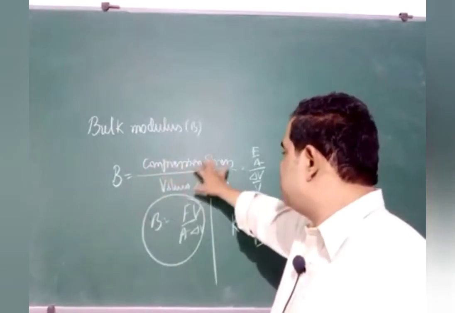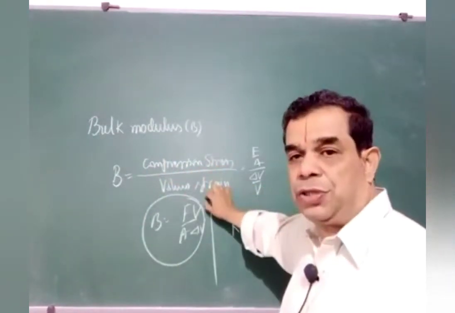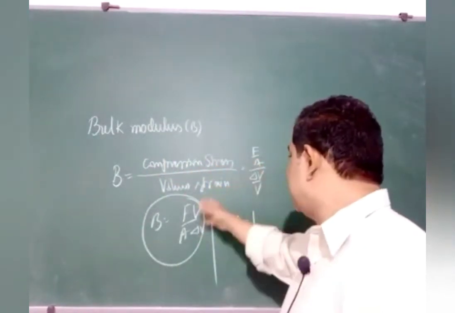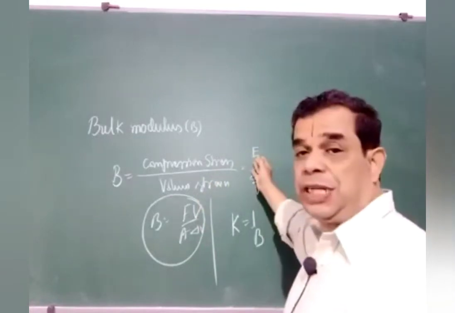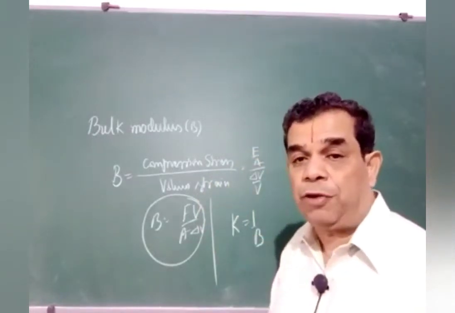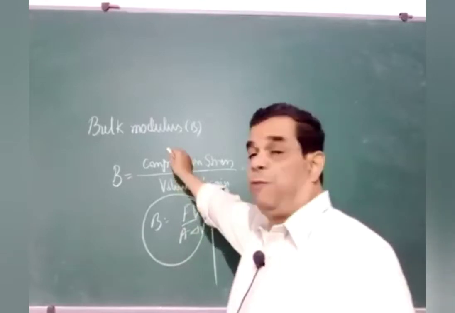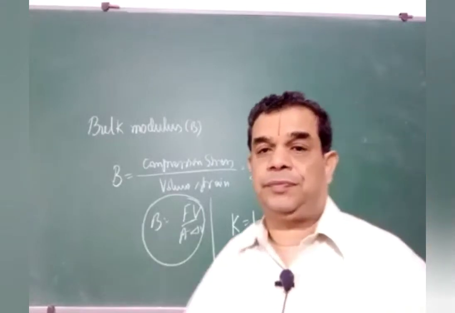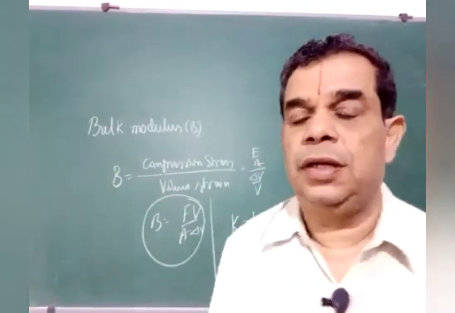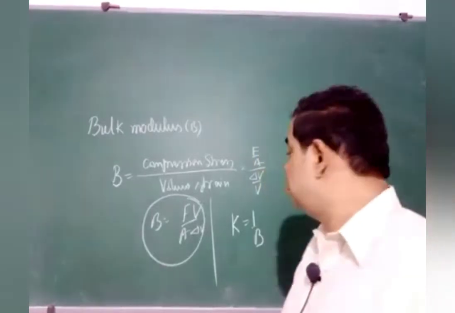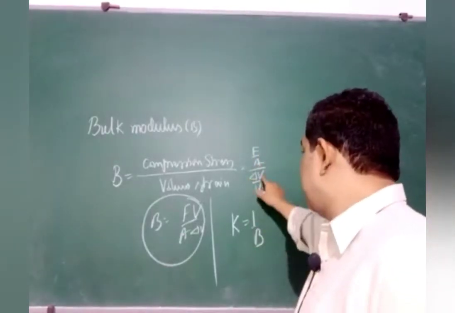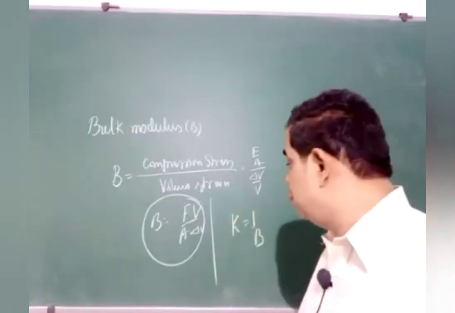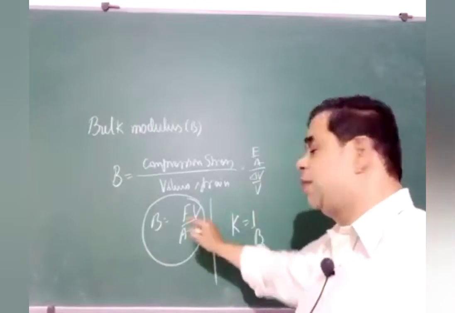It is defined as the ratio of compression stress to the volume strain and written like this. F by A is compression stress. In fact, here what type of force acts? Normal force per unit area. Compression stress means normal force per unit area. And delta V is the change in volume by the original volume V. So that is what we call bulk modulus.